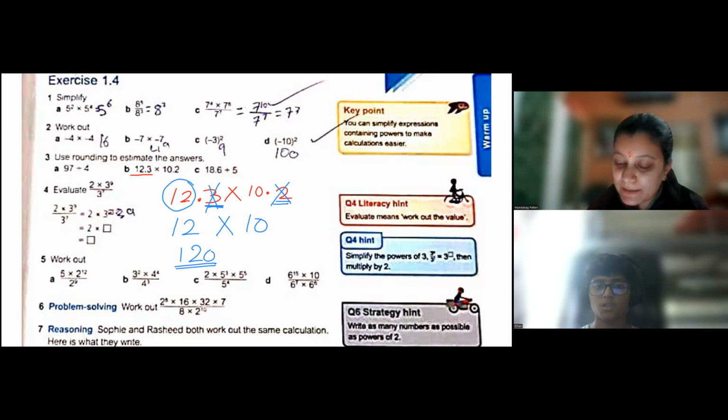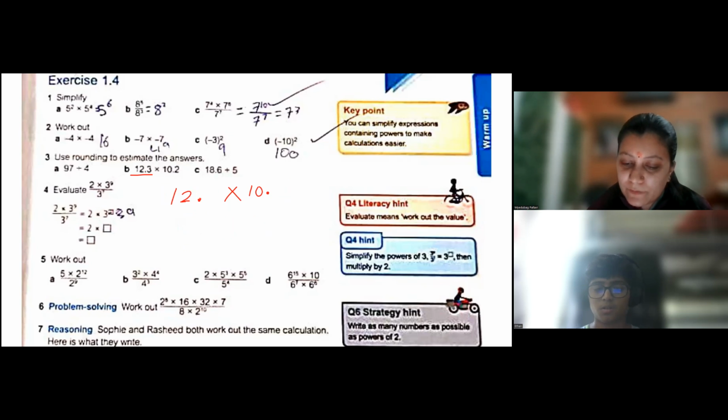If, for example, let's change the question for a while, if here it was 12.8 and here it was 10.7, now the decimal value is greater than 5. Here also it is greater than 5, 0.8 and 0.7. In this case, we'll round off the number before the point to the next number.